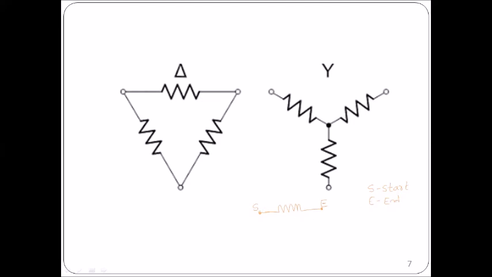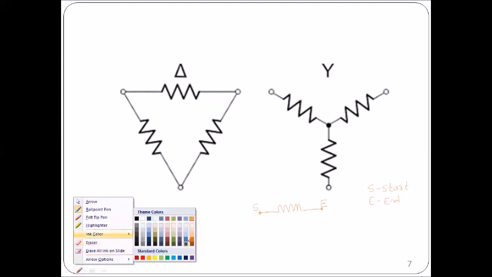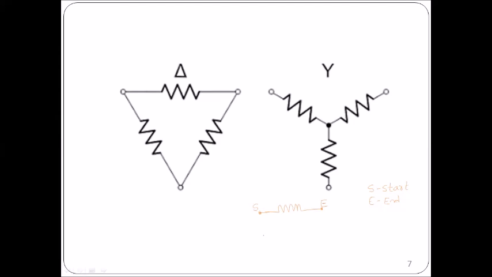Now, in the case of three-phase, as we have seen, the generator involves three-phase voltages, so there will be three waveforms. Obviously the load, whatever we connect, should also be of three-phase nature. So we don't have only one resistor, but three resistors like this. To each resistor I can mark the starting point and end point.